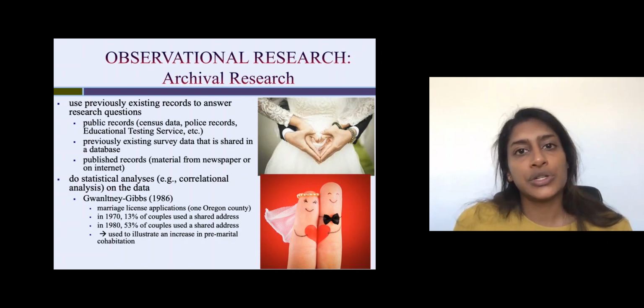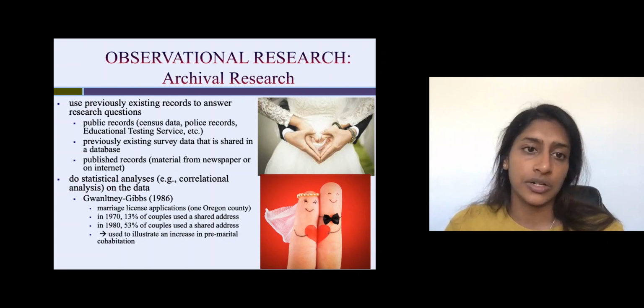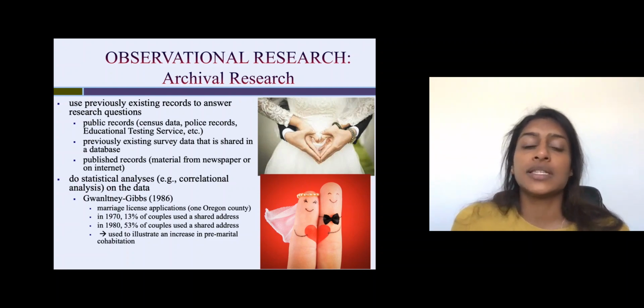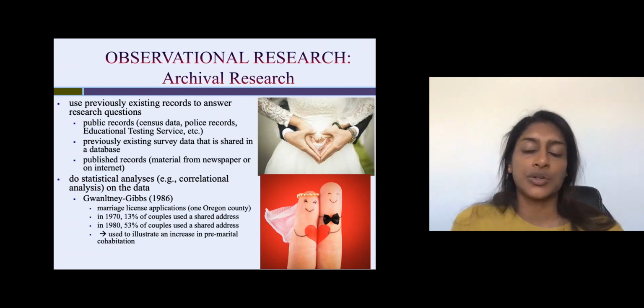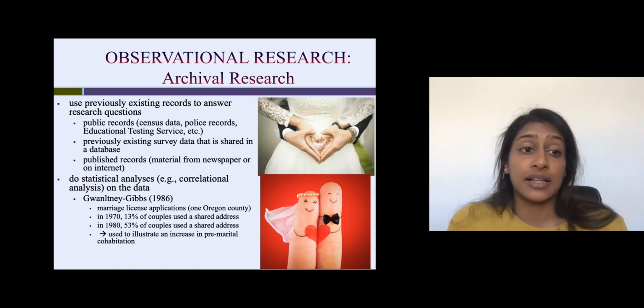The last type of research I'd like to talk to you about in this chapter is observational research, is archival research. This also is a type of observational research, or it falls under one of the categories that we have discussed. Archival research is taking a look at data that's already been collected.